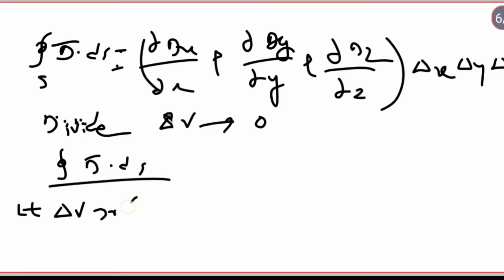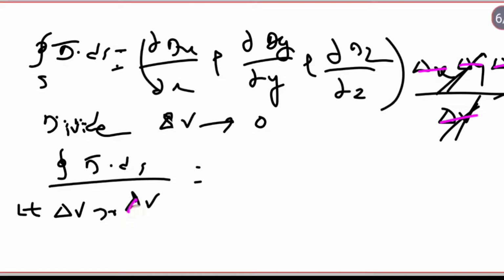If you divide with delta v, meaning delta x, delta y, delta z, on both sides and apply the limits, delta x, delta y, delta z, also known as delta v, can be cancelled. These two will be cancelled.